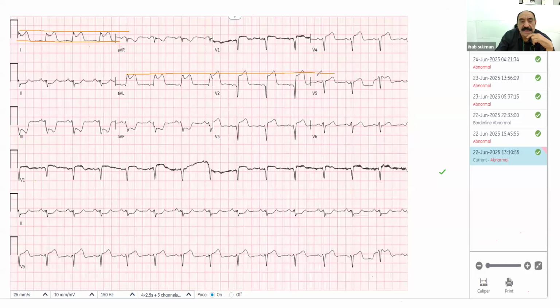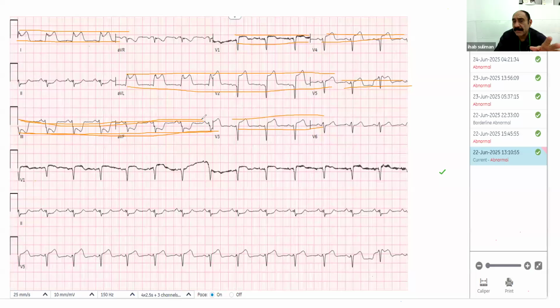So there is ST elevation, starting from V1 to V2, V3, V4, V5, a little bit in V6, but very clear in lead 1 and aVL. And there is also reciprocal ST depression in lead 3 and aVF. So this is a patient who has an extensive anterior MI.